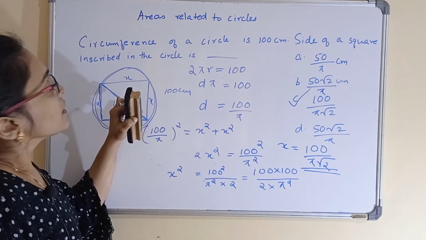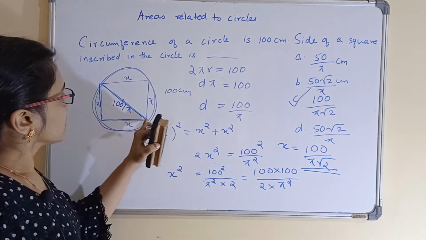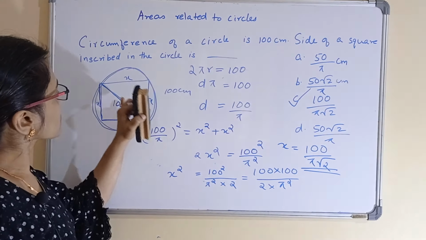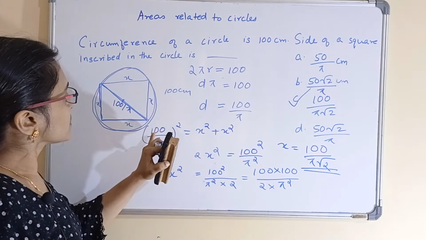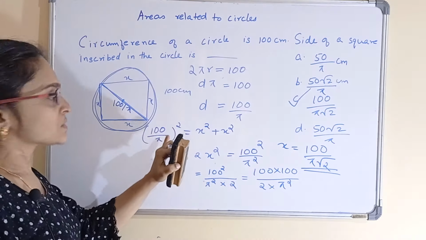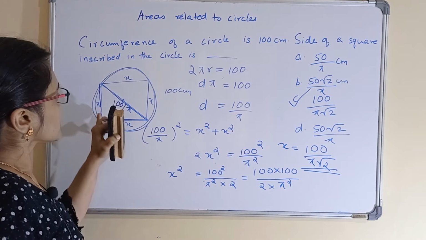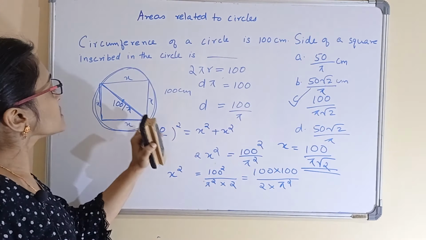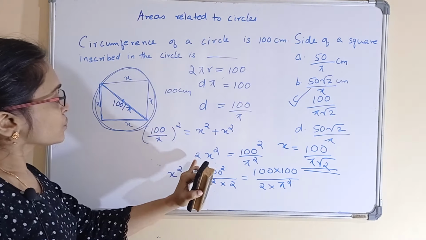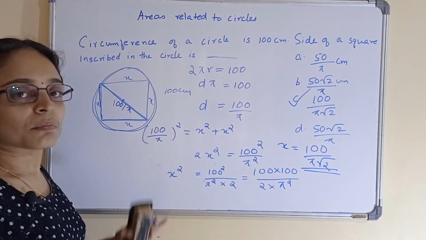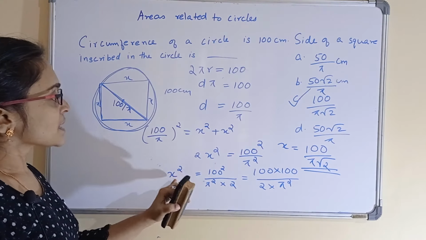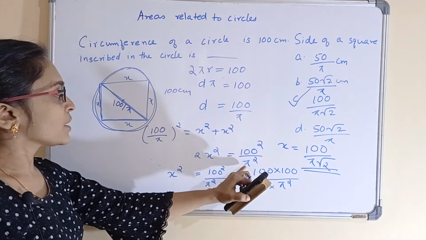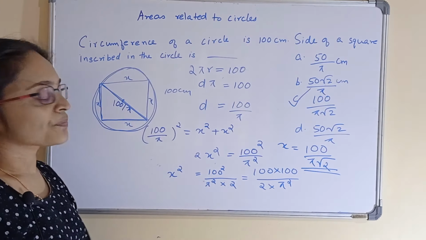And since this is a right angled triangle, the hypotenuse square, that is 100 by pi the whole square, is equal to this side square plus this side square, that is base square plus altitude square. So 2x square equal to 100 square by pi square, which means x square is equal to 100 square by pi square into 2.